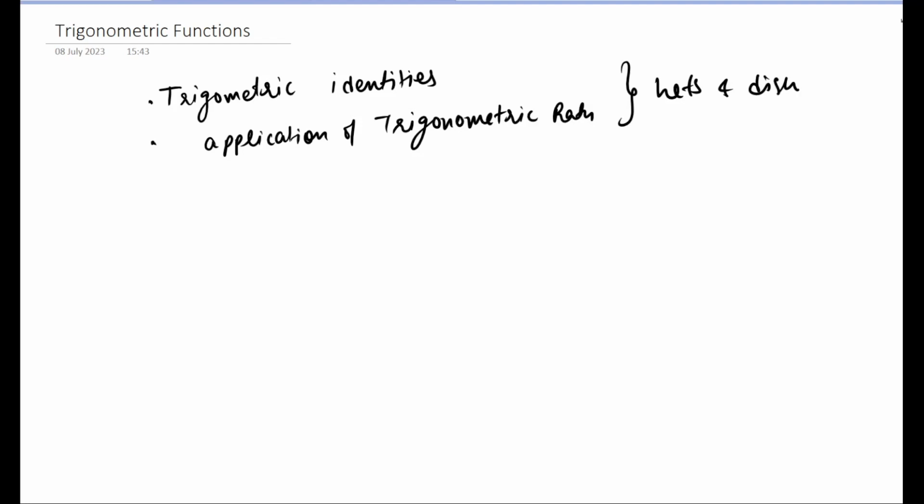Here we will generalize the concept of trigonometric ratio to trigonometric functions. So our first topic is angles.